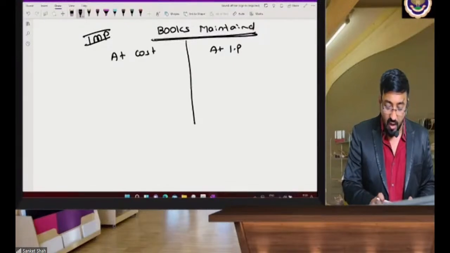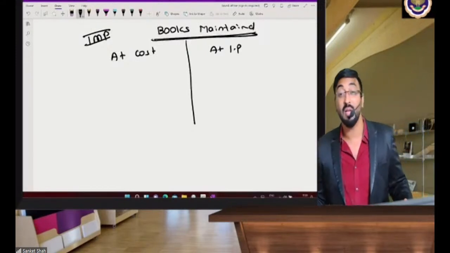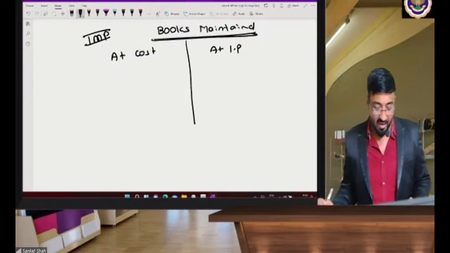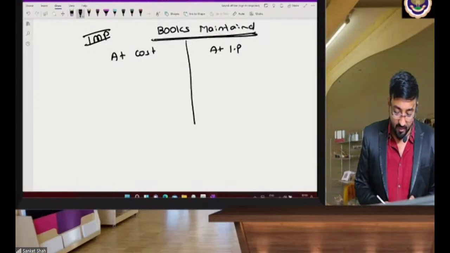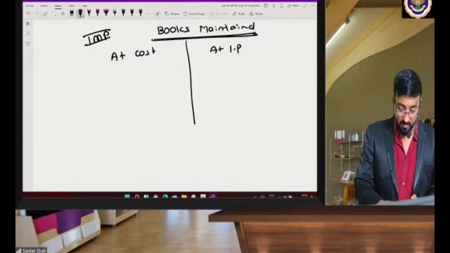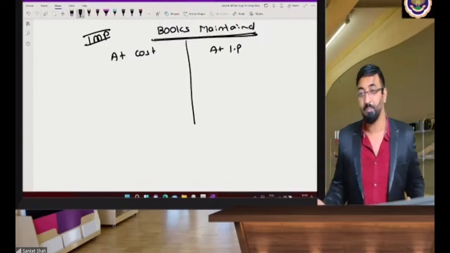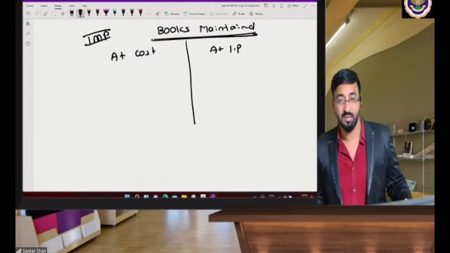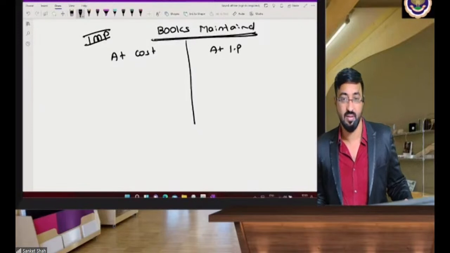Beta, all answered, but only 2 students answered correctly. Muhammad Ahmad and Harshita. Yes. So Harshita and Muhammad only answered correctly.